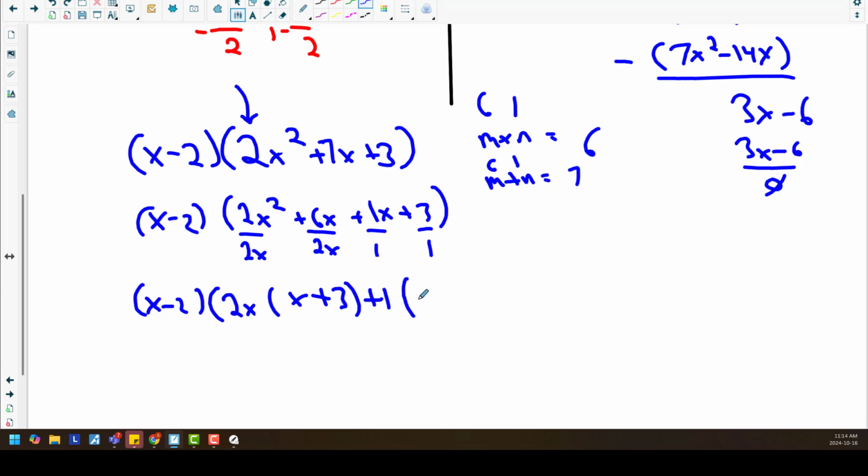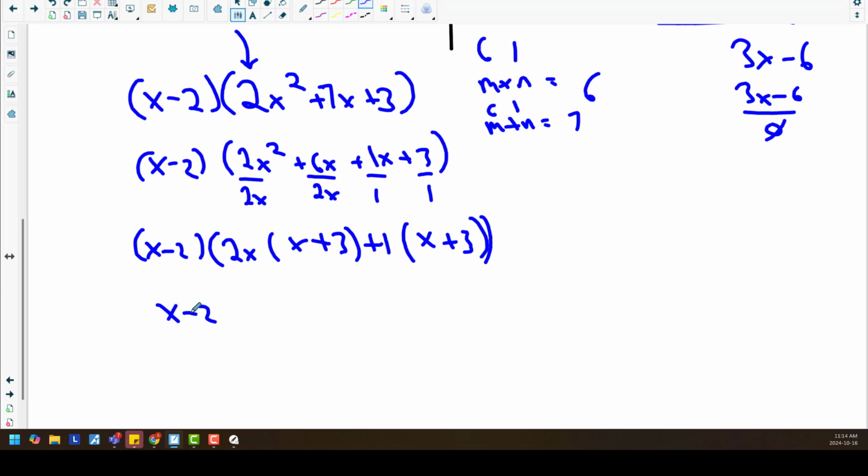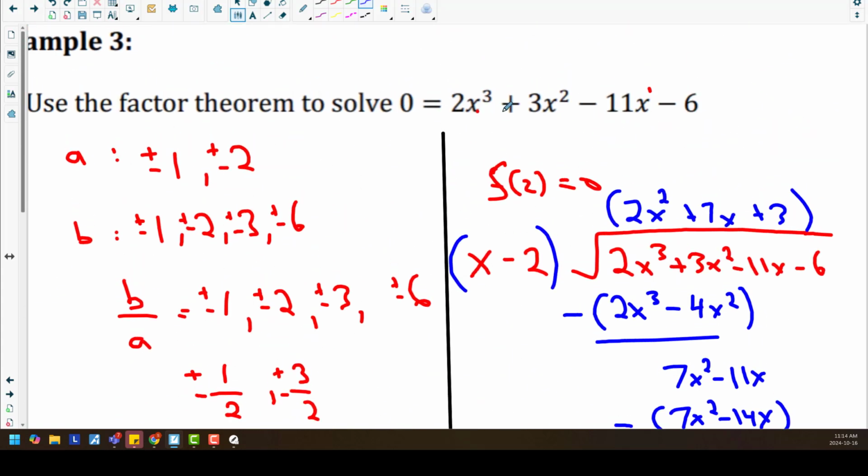That's just a plus 1 because the factor is 1. That becomes x plus 3. And we can now just factor these, combining the brackets, since the brackets are exactly the same. And here we have our fully factored form from our initial degree 3 polynomial.